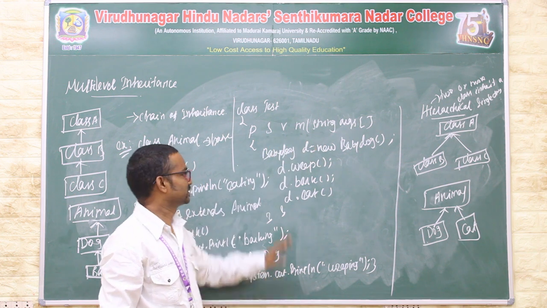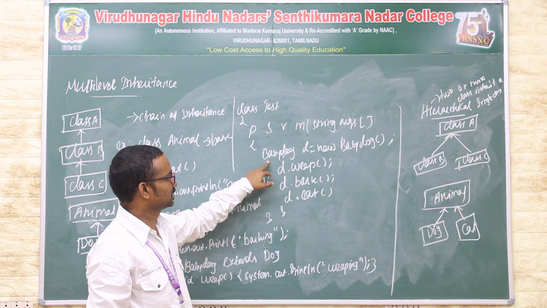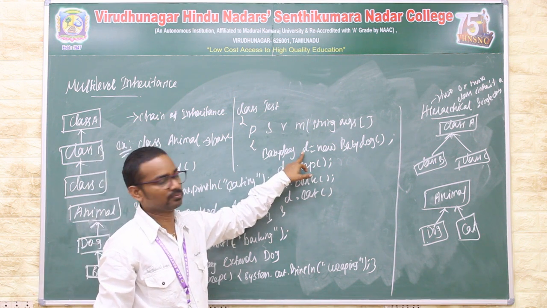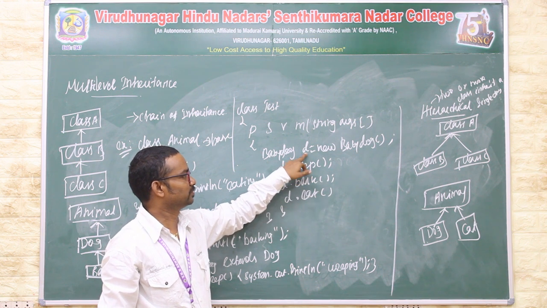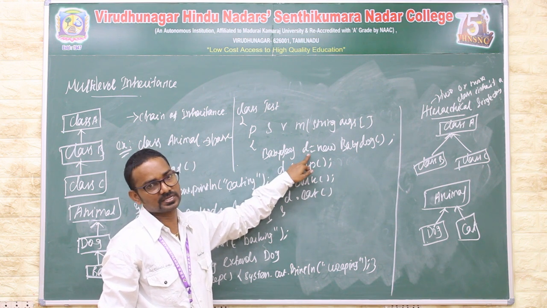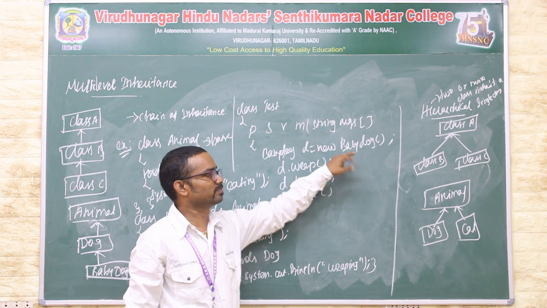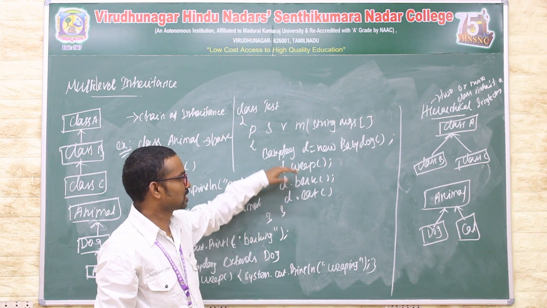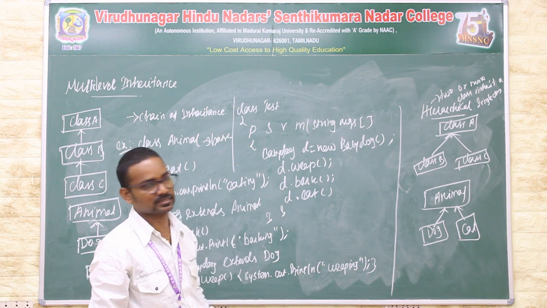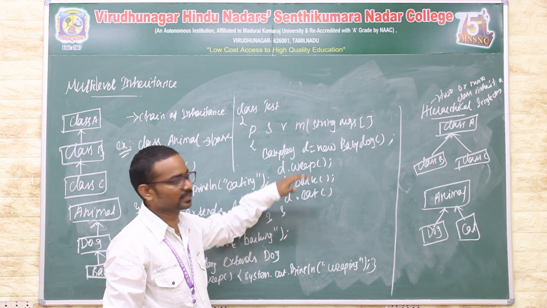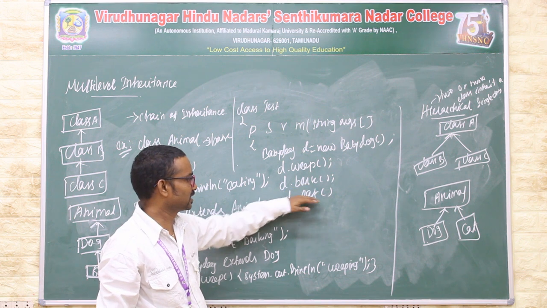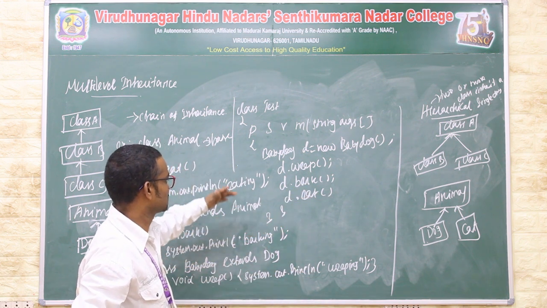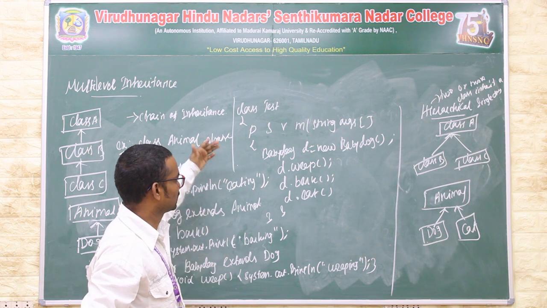In the main method, class Test, public static void main, String arguments, the final subclass BabyDog is used to create an object called d, with new BabyDog. These objects call all types of class methods: d.weep, d.bark, d.eat. The main advantage is inheriting all the methods.